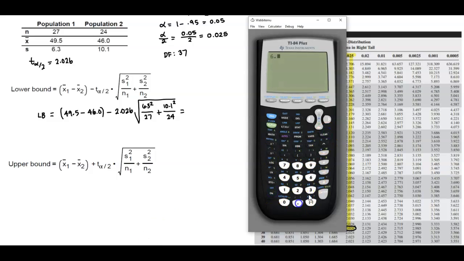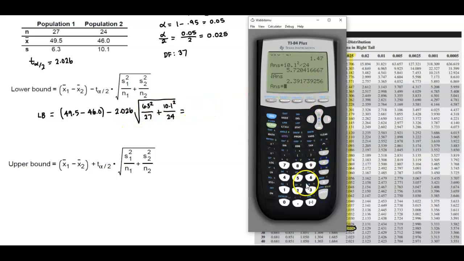So we have 6.3 squared divided by 27 plus 10.1 squared divided by 24. So we worked inside the radical. Now we're going to take the square root of that number, and there's that value.